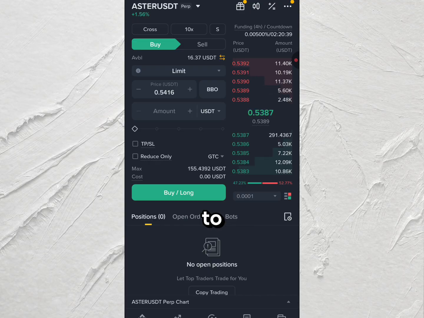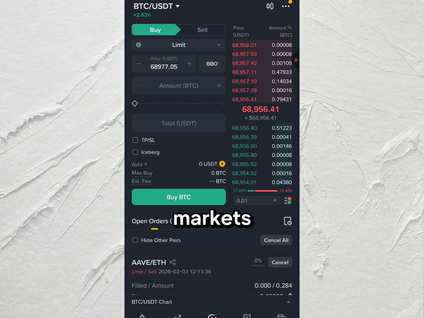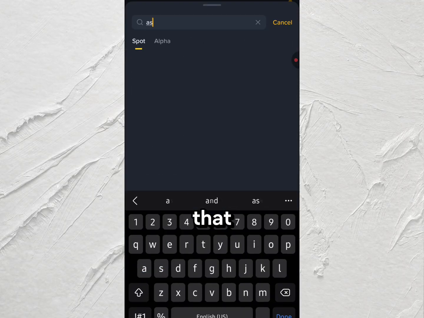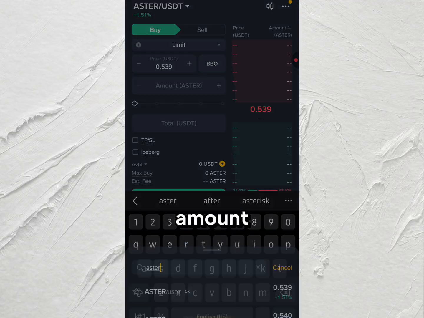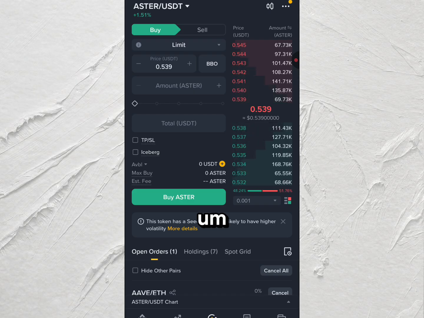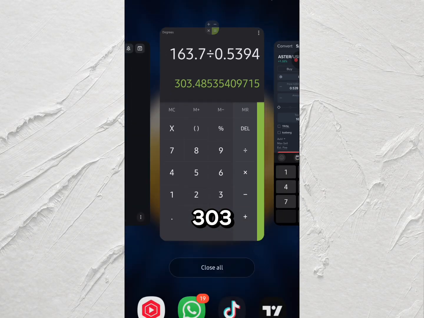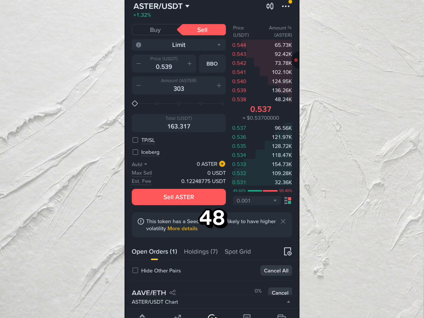Let us go over to the normal trading market. Let us confirm that the amount is correct. With the price of 0.539, 303.48, 303 is going to give us, look at that, so that amount is correct.